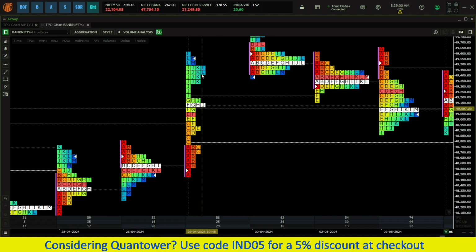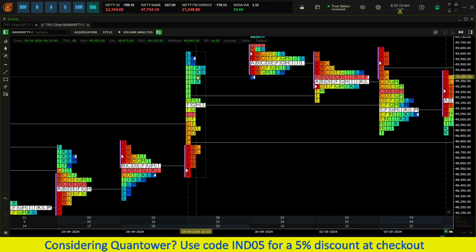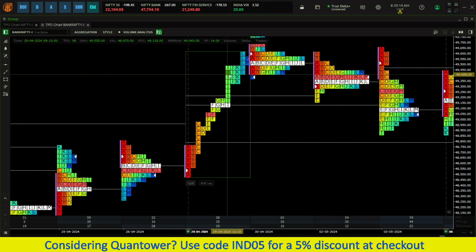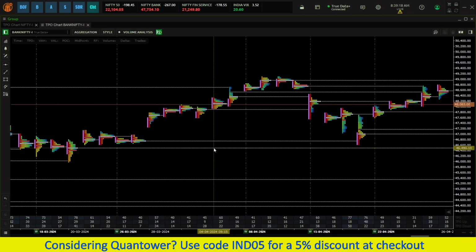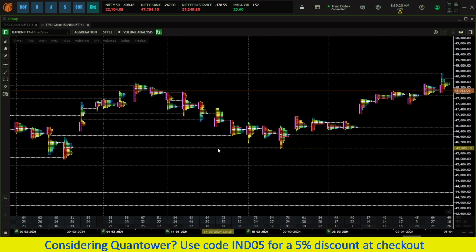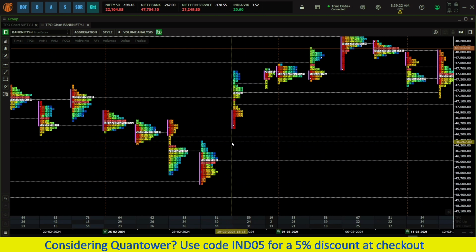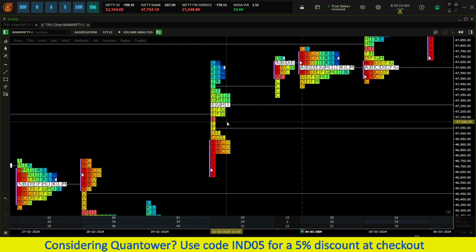You can see the trendy profile, but how will the double distribution be? Even in some cases you can call this a double distribution if you see some bigger rotations. Let's also see some examples.